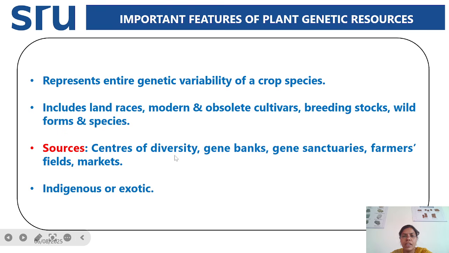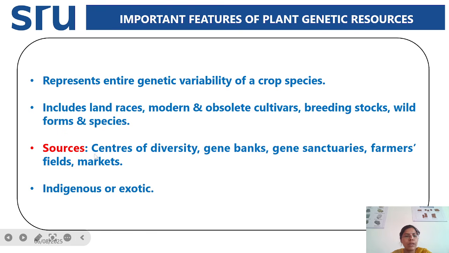Next is breeding stocks, which are pre-released plants. And next are wild forms and wild species, which are the common ancestry of the cultivated species. So these are the kinds of germplasm which are present.